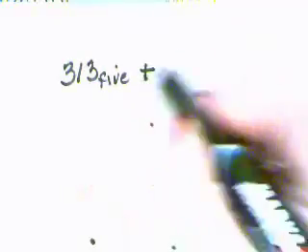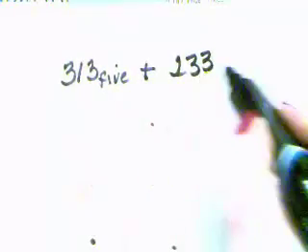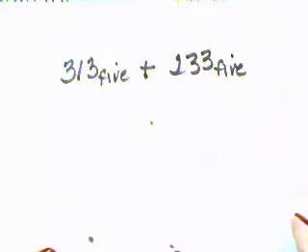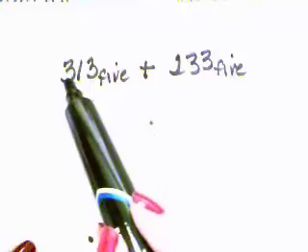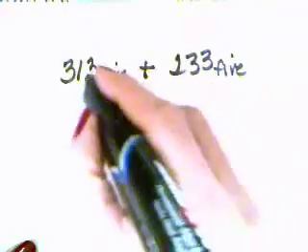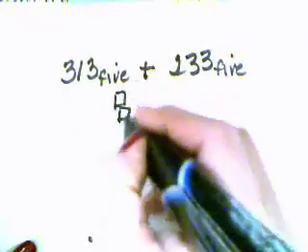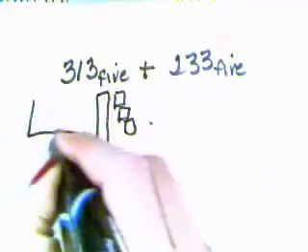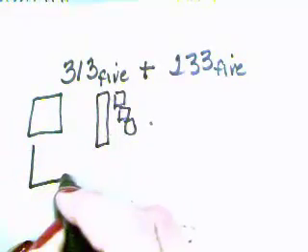Alright, let's do one more addition example. If you have 313 base 5, and you want to add that to 233 base 5, you will need 3 units, 1 long, and 3 flats.